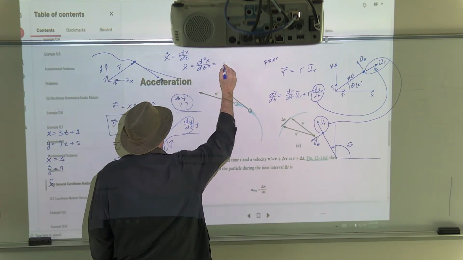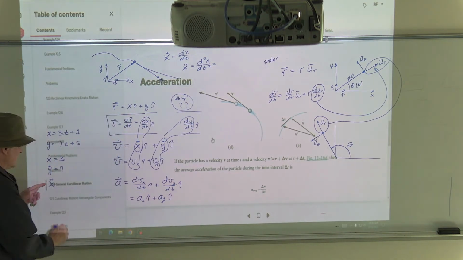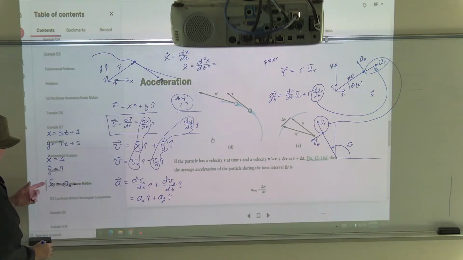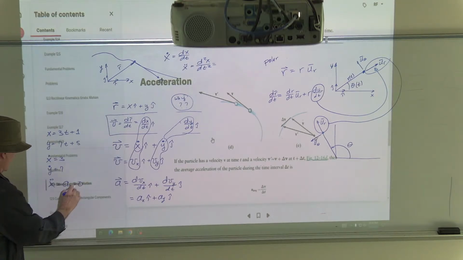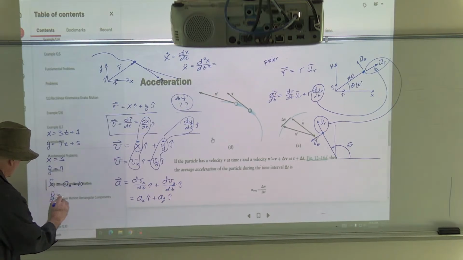Well, I can just leave it at that. So this is the term that is the acceleration in the x direction. Well, if I take a derivative of that, I get nothing. y double dot is going to be acceleration of y, which is equal to nothing.